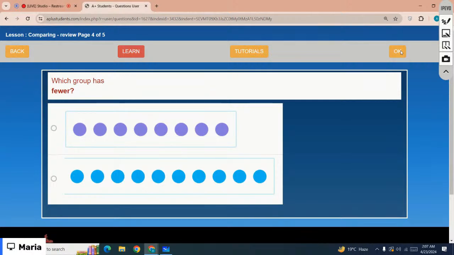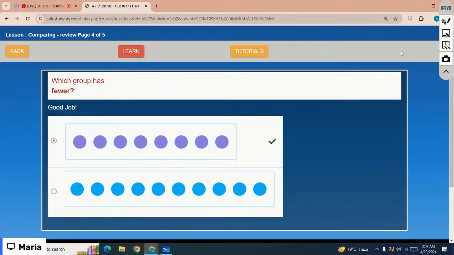Which group has fewer dots? Yes, A is the correct option. Group A has the fewer dots, right? You can see here. You can even count them. Option A is the correct option.